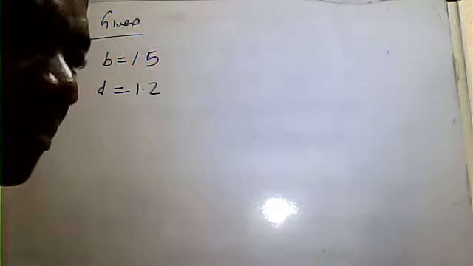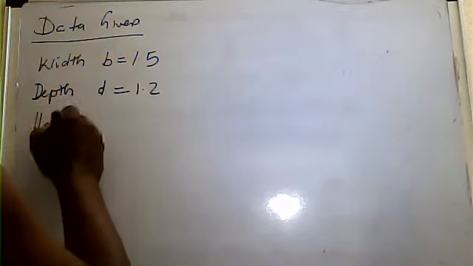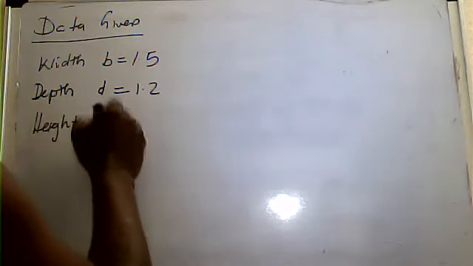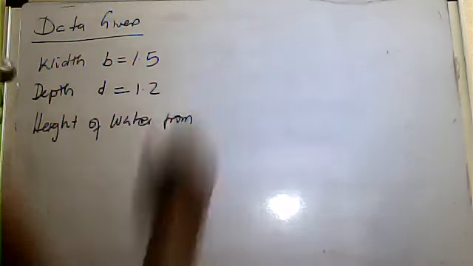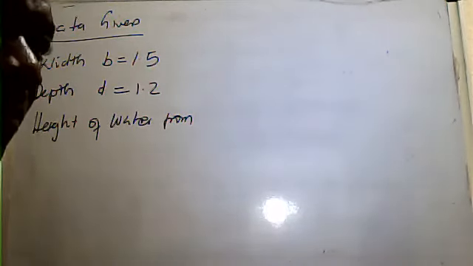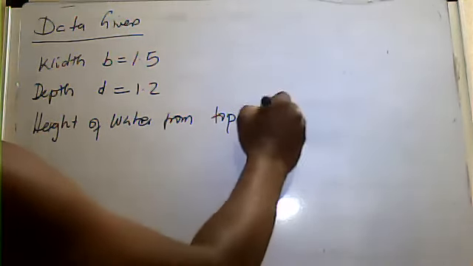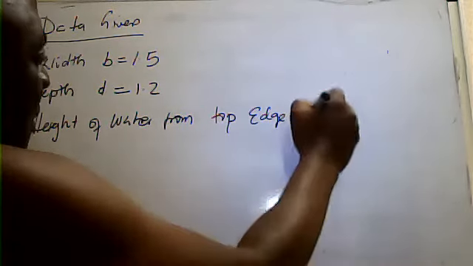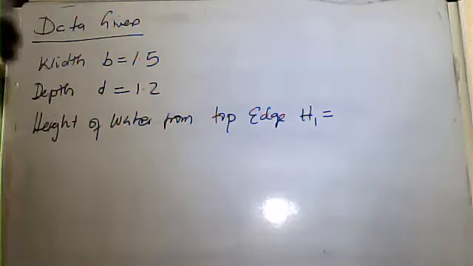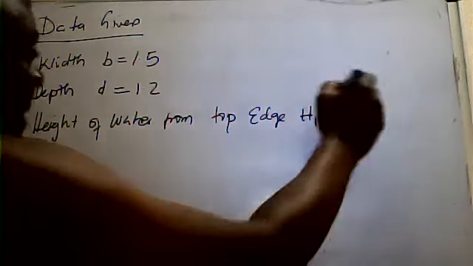Okay? Then we have the height of water from the top edge of the orifice. That one is denoted by H1, which is equal to 2 meters.